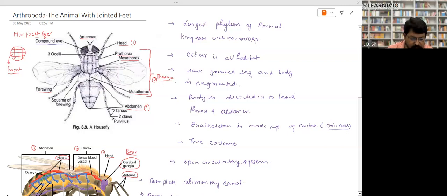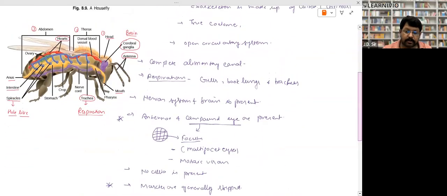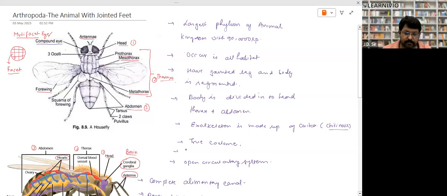They have true coelom. It contains organs.